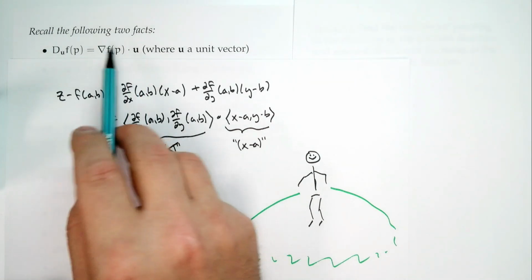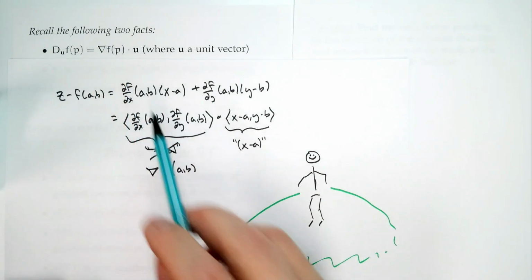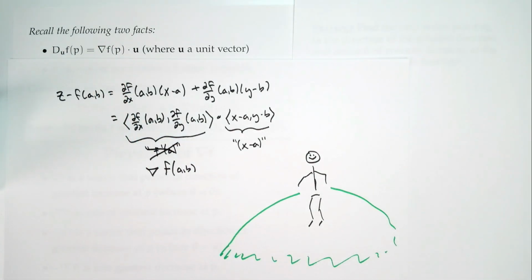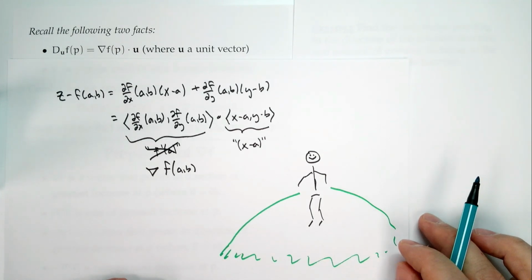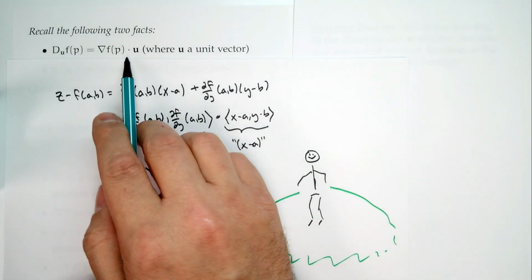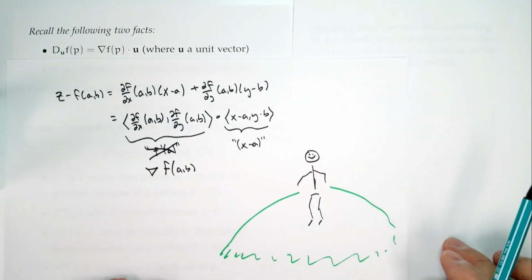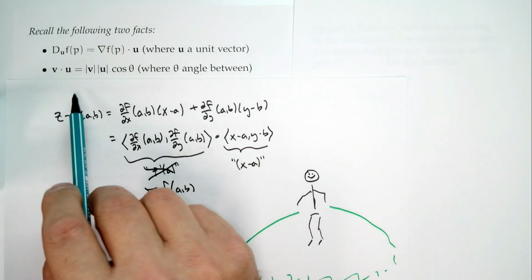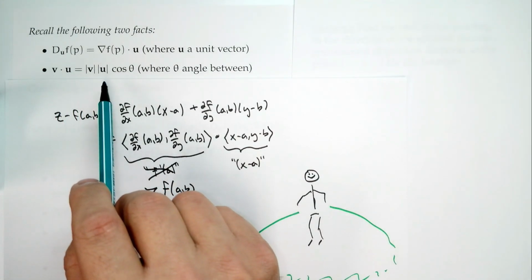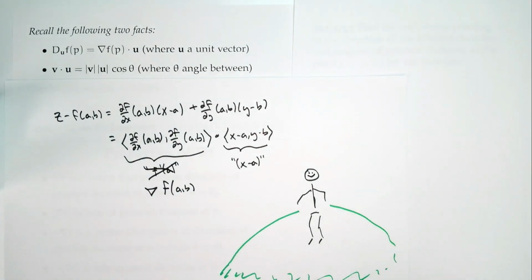So this tells us the rate of change in two particular directions, and when we dot it with u, where u is the unit vector of the direction we want to go, that helps us find the amount of change in our direction. Now, dot products, we studied those, and we remember a couple of facts. The big one is that v dot u is the magnitude of v times the magnitude of u times cosine theta, where theta is the angle between u and v.